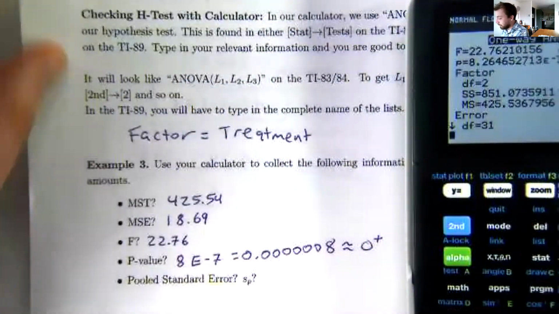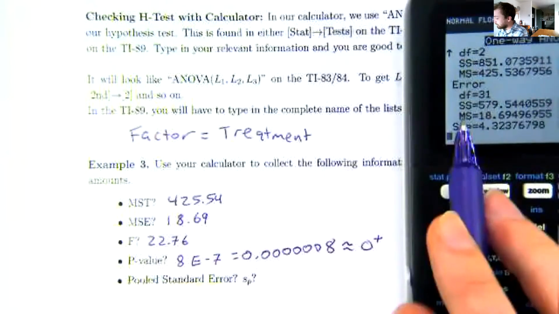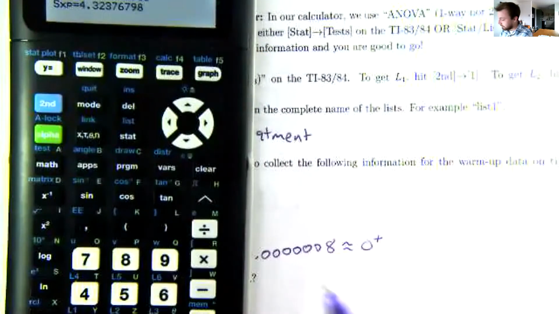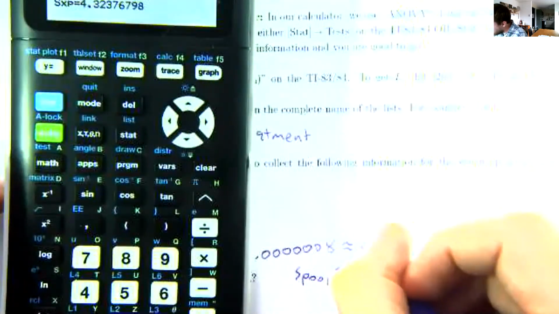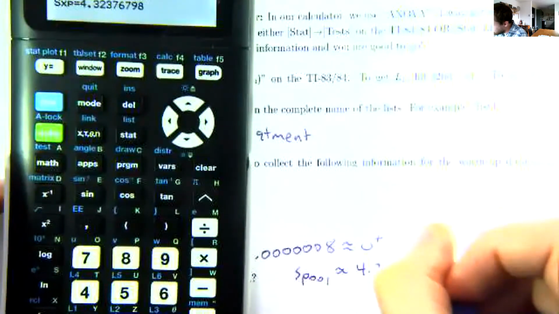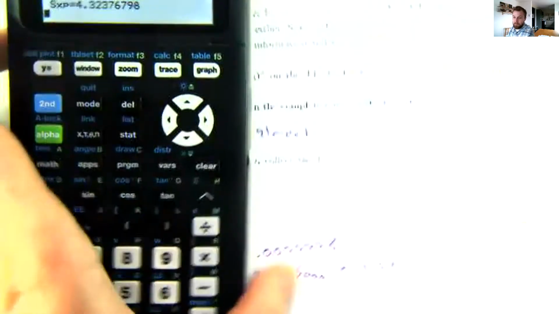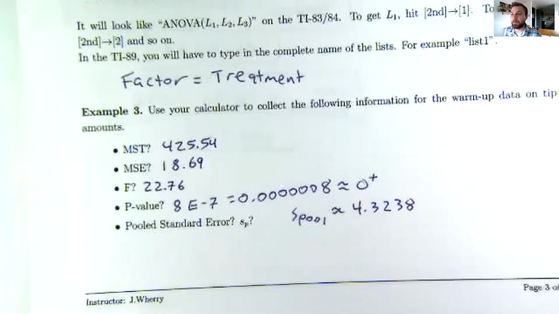And my calculator gives me one more thing that's kind of interesting. Down at the bottom it's giving me this Sxp. That Sxp is really your pooled standard deviation. Now your pooled standard deviation here is telling you roughly what would happen if you kind of shoved all of your groups together and you found sort of this average standard deviation for all of those values.